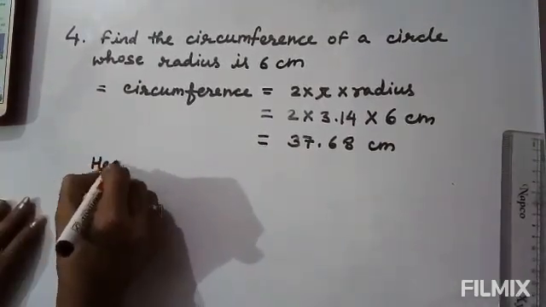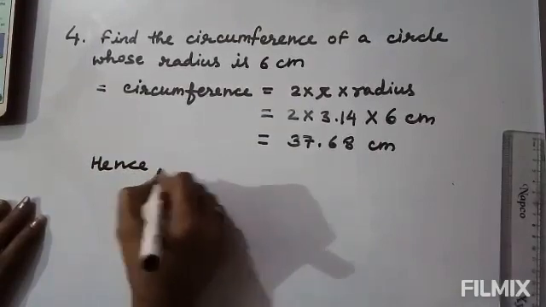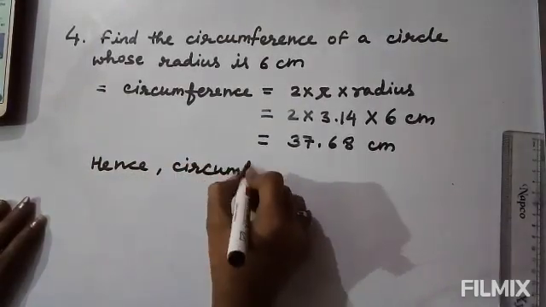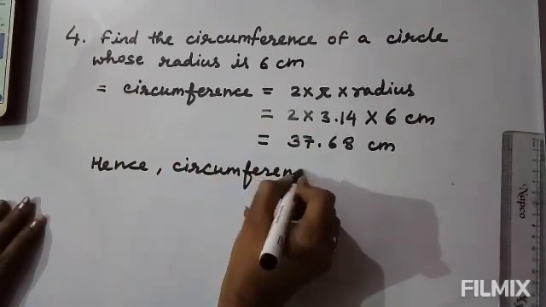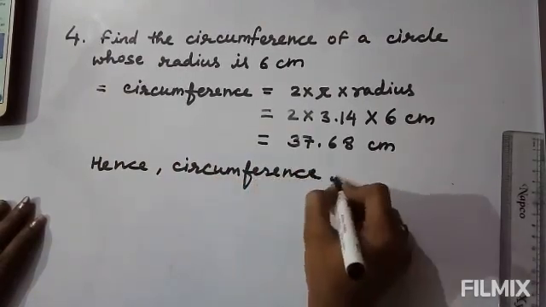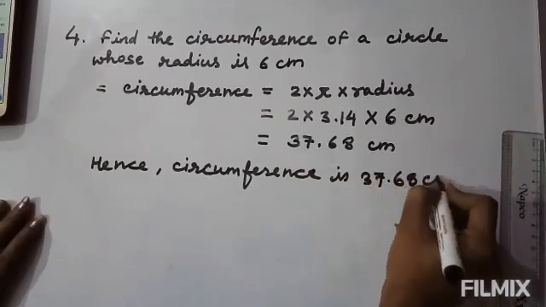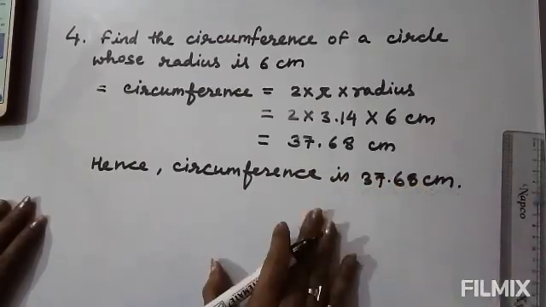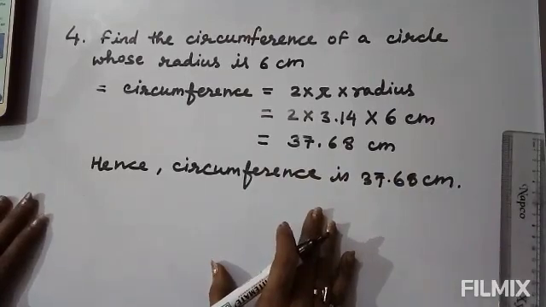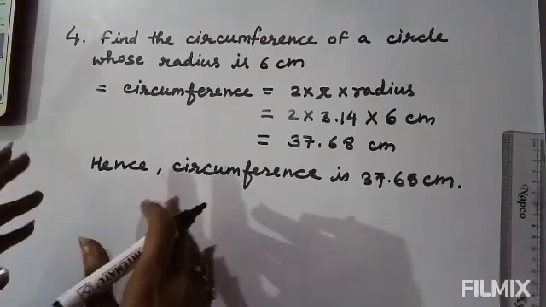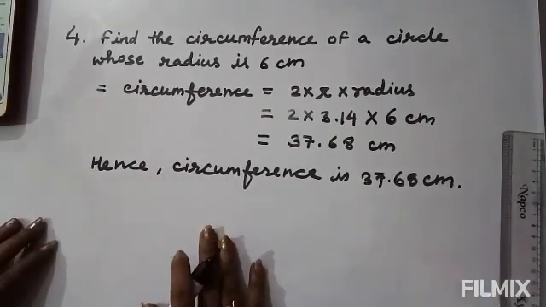Hence, the circumference in this question is 37.68 cm. In this way, we find the circumference, radius and the diameter of the circle.